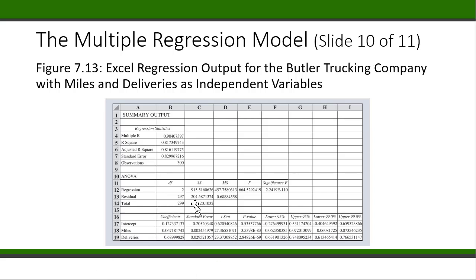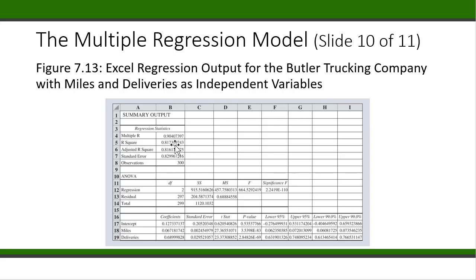So here are your intercept values. So that's your B0. This is your B1 for miles right here. And this is for deliveries. This is your B2. And so for that, you would write your equation. Note here that your R squared, the second one here, is 0.8173.